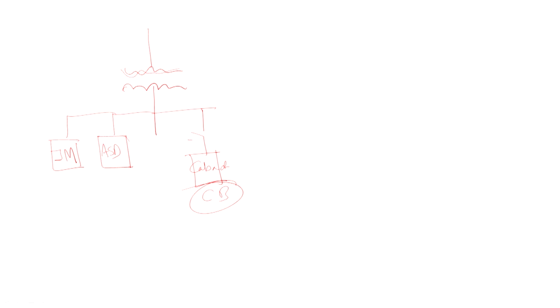Now, what happens once you close it? There is a leakage reactance of the transformer that has some value, and this capacitor you have calculated based on the power factor you wanted to bring, a power factor of 0.95.